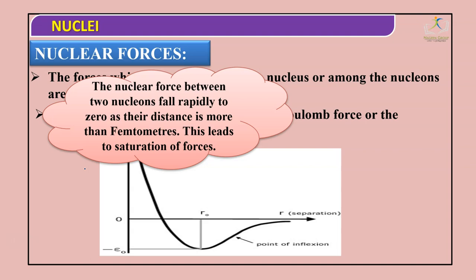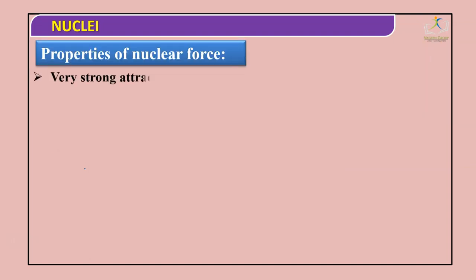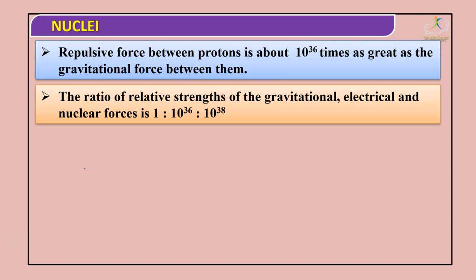This leads to the saturation condition for the forces. Repulsive forces between protons are about 10 to the power 36 times as great as the gravitational force between them. So the strength-wise ratio of gravitational, electrical and nuclear is 1 : 10^36 : 10^38.